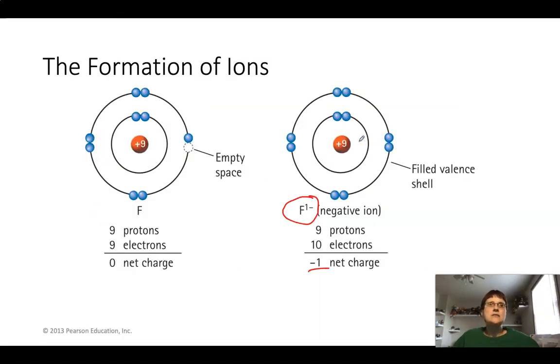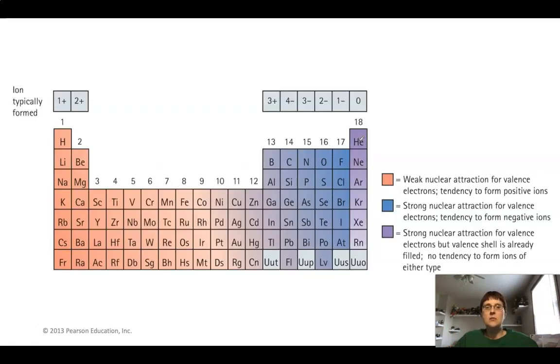All right, so that's the formation of ions, and we can actually guess who's going to make what kind of ion based on where they're located on the periodic table, because of where they are and which way they're going to go. So you can see here, these first 2, like I was showing you, family 1, family 2, those 2 are definitely going to become positive ions.